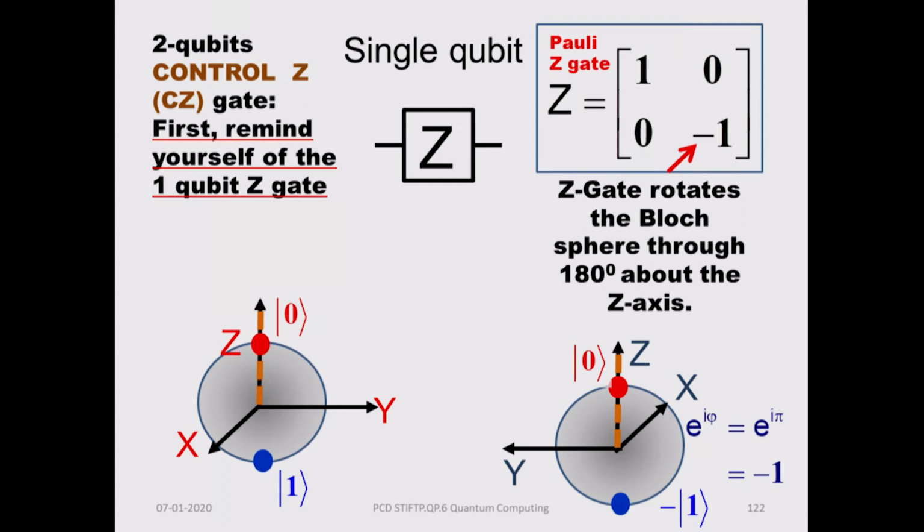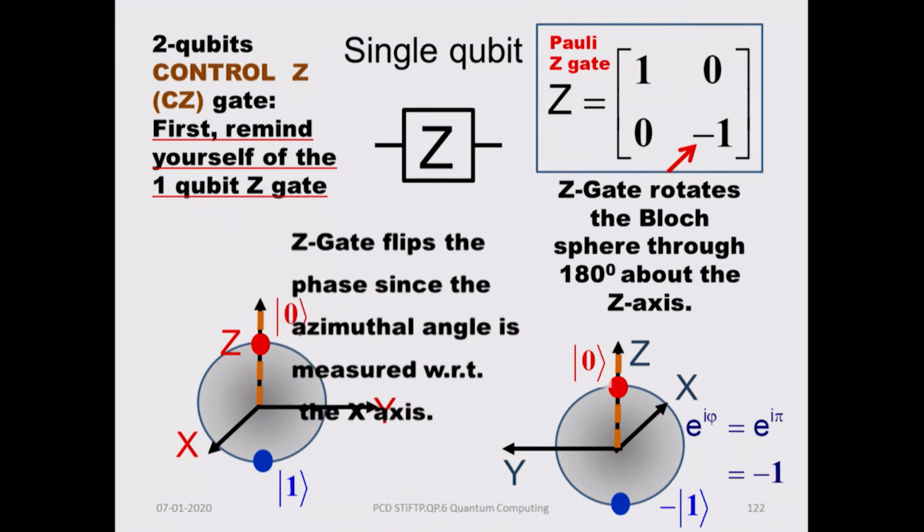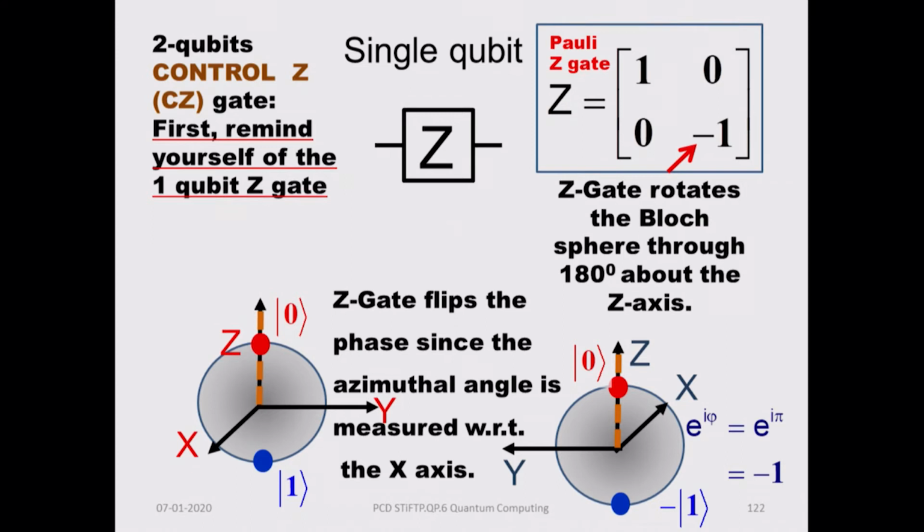So, that is the reason you had a minus sign. So, this is what the Pauli Z gate did to 1 qubit.